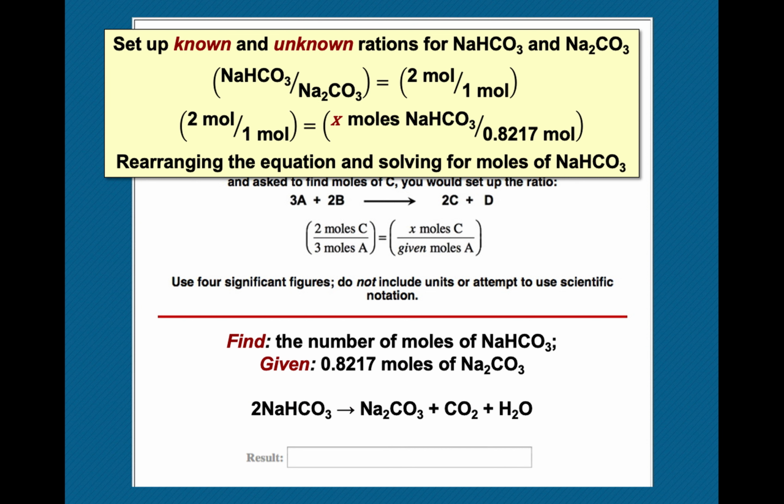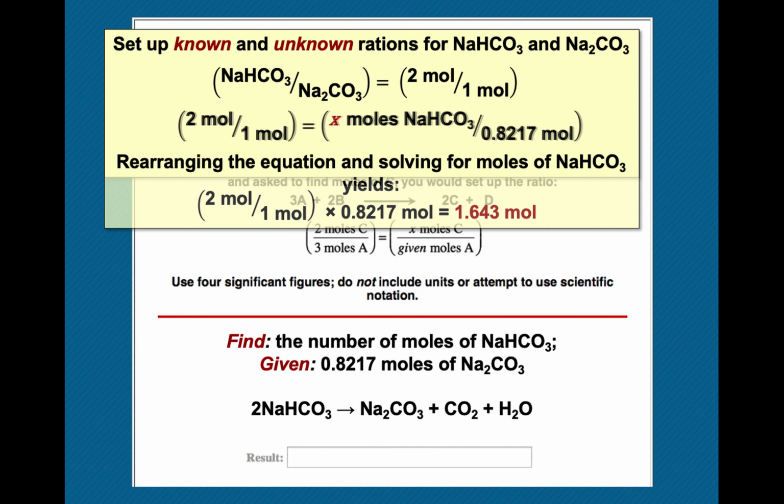We're trying to find hydrogen carbonate. We are given this guy. Once again, 2 times 0.82 divided by 1, 1.643. Sounds complicated because it's called stoichiometry, but really it's not that bad, is it? It gets worse, but it's not that bad yet.